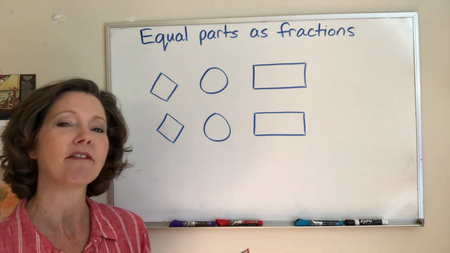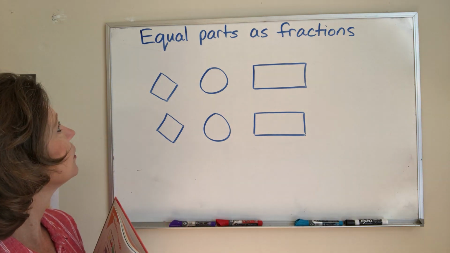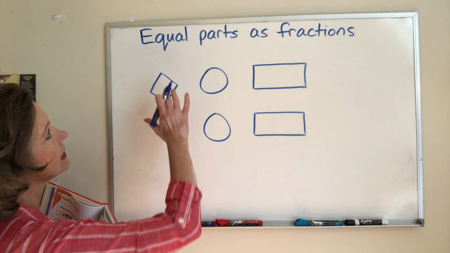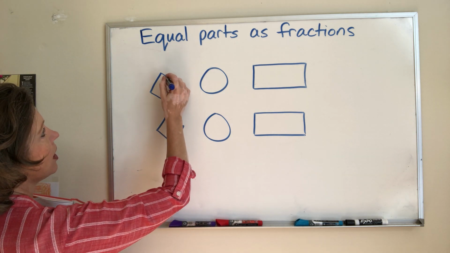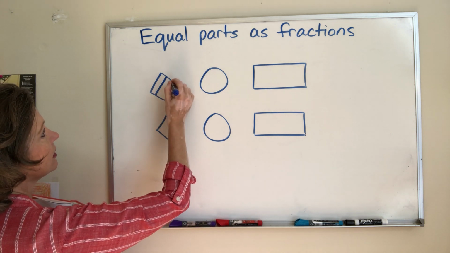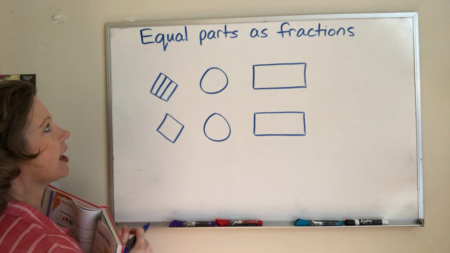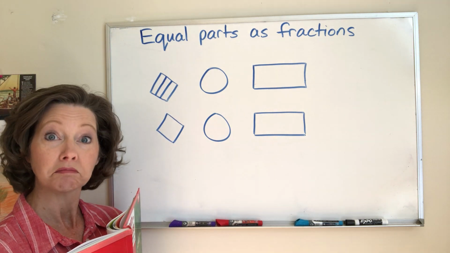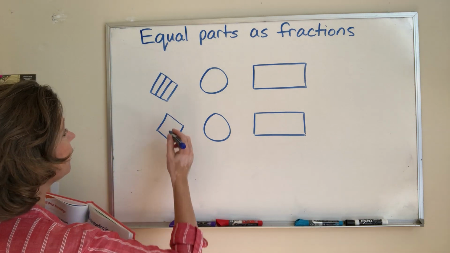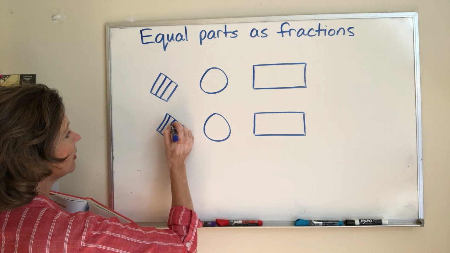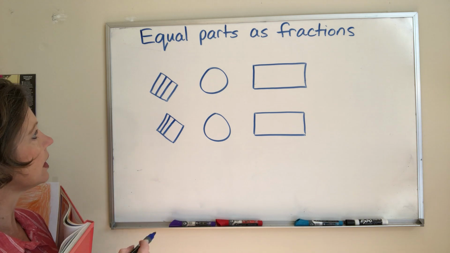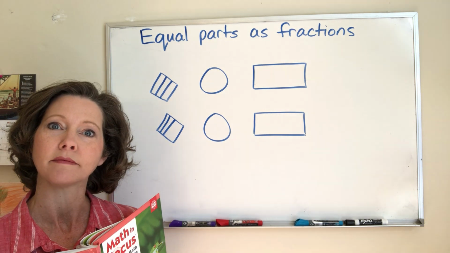It has to have equal parts. And so if you notice on my board here, it says equal parts as fractions. If I were to draw 2 lines here, would you say that that has equal parts? Yes, okay. If I were to draw 2 lines here, would you say that this shape has equal parts?